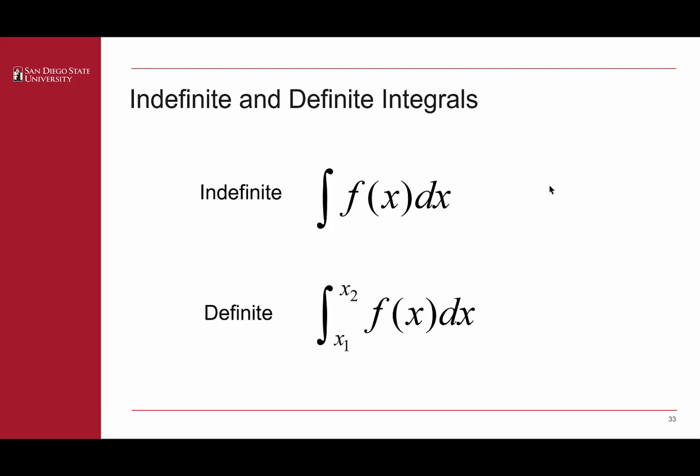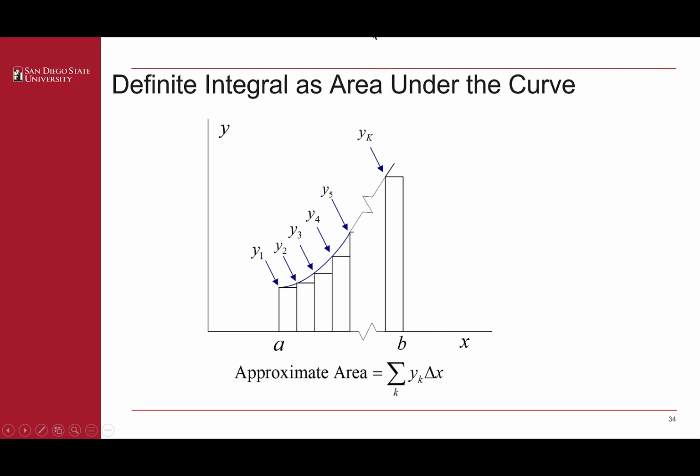So after calculating the integral, the antiderivative, we have to consider the boundaries and only find the values of this integral between these boundaries. Definite integrals are particularly useful when calculating an area under a curve or a portion of a given curve.